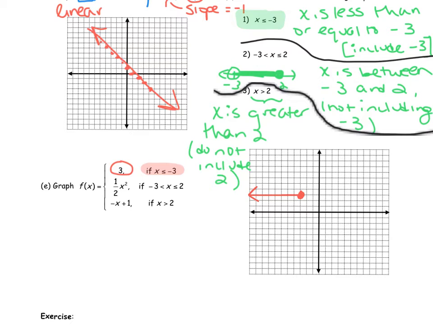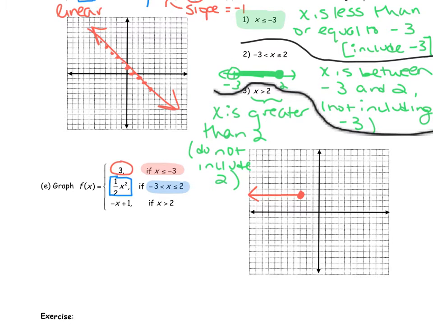That's part 1. Part 2 now says we're going to graph 1/2 x squared, and it's going to be graphed between -3 and +2. So let's graph that between -3 and +2.